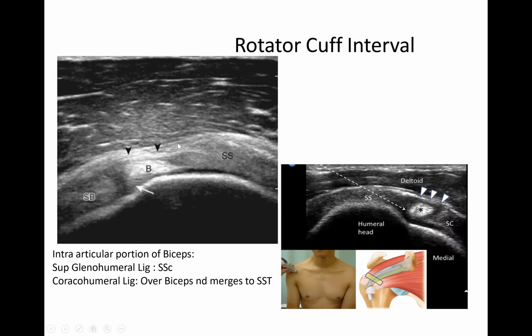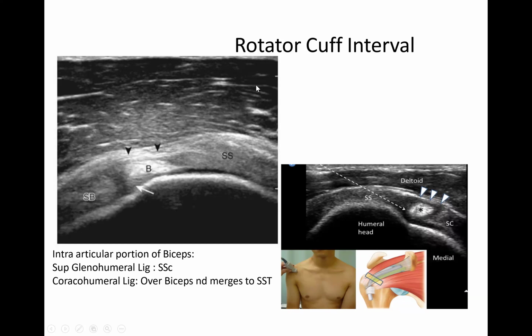So this interval is very important in cases of adhesive capsulitis. One can see thickening of the coracohumeral ligament. There will be neovascularity in the area of the rotator cuff interval, and this is a site where we can do the joint injection anteriorly.